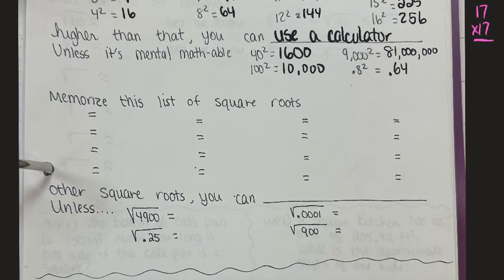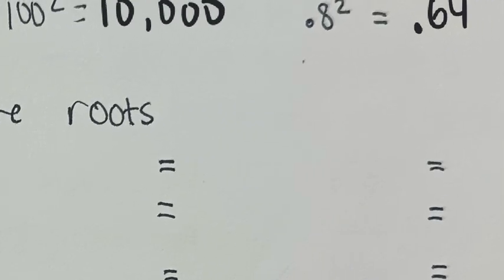Okay, now we have to do a list of square roots. A square root symbol, so remember division looks like this. A square root has an extra hook. So it looks kind of like the house of division, but it has this diagonal piece that goes right here.